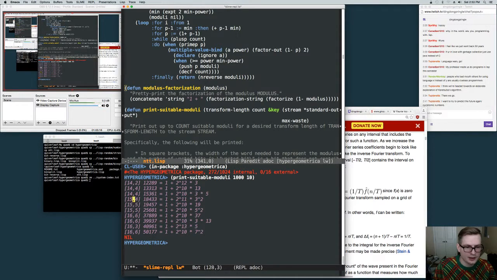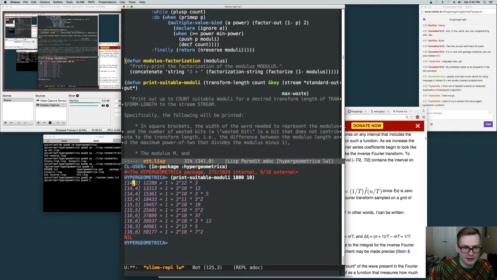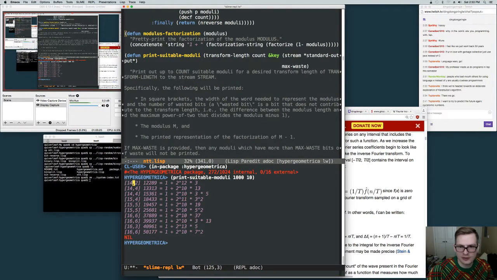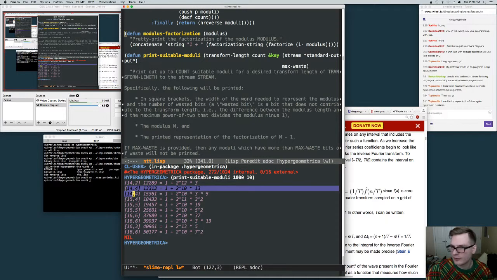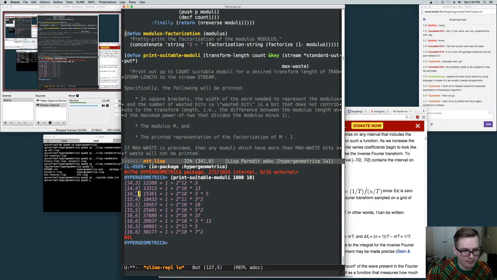The things on the left, as you can see in the documentation: the first number is the width of the word needed to represent this integer, and the next number is the number of wasted bits. We define a wasted bit as something that we can't use for the transform length. So we want to maximize the first number and minimize the second number.